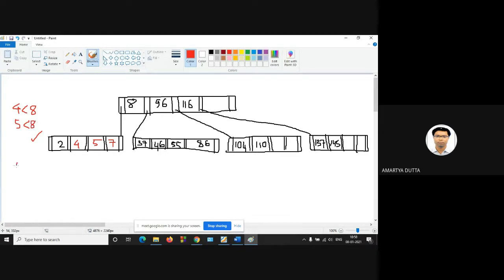Next, 58. So for 58, 58 is less than 96.